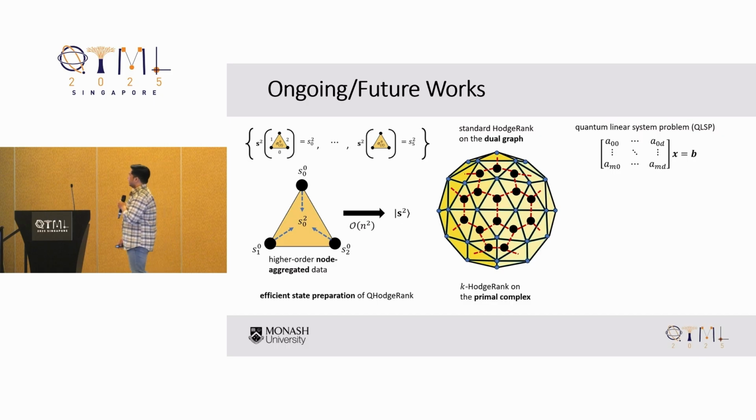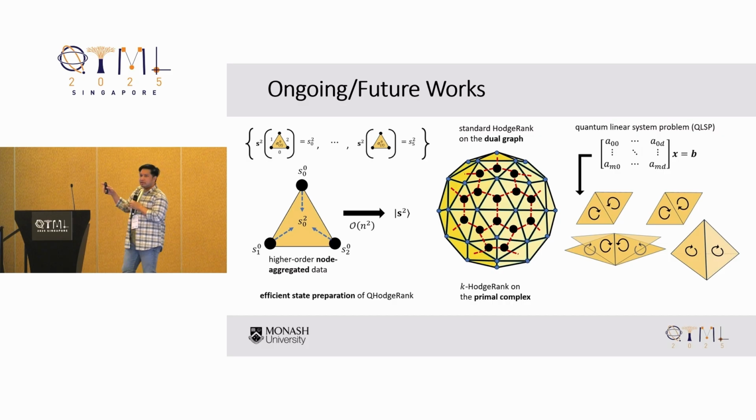So the idea is to quantize the hardness gadget from the classical one, the one that I showed before. We take input from QLSP, and using the hardness gadget, we can encode this equation into intersections of triangles. Then this will construct the second boundary operator, and we can solve it using the K-HodgeRank problem.